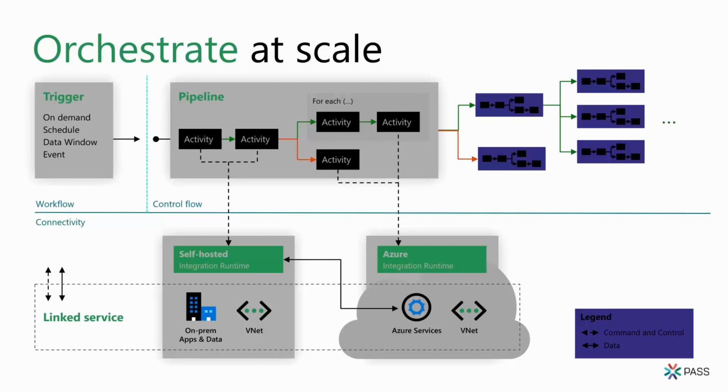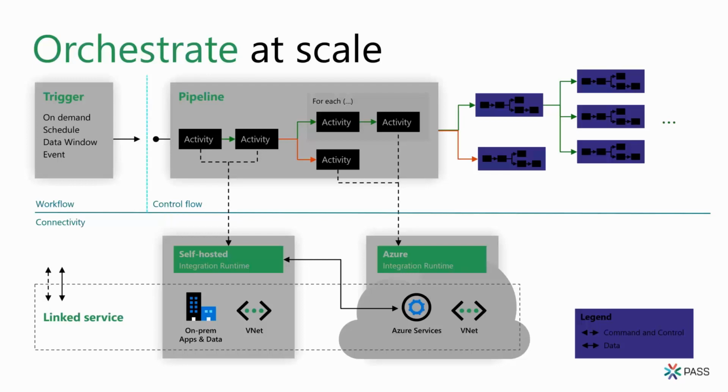And then these activities either execute in the context of a cloud function, the Azure integration runtime, that's entirely and completely managed by Microsoft, or they execute in the context of a self-hosted runtime that the organization would control and set up.